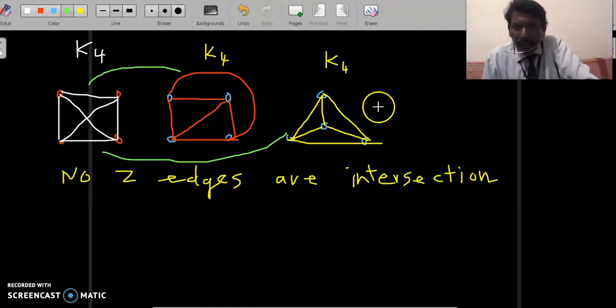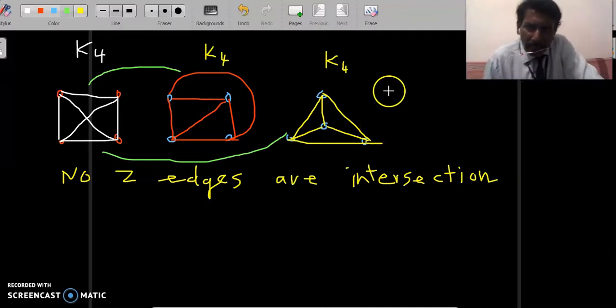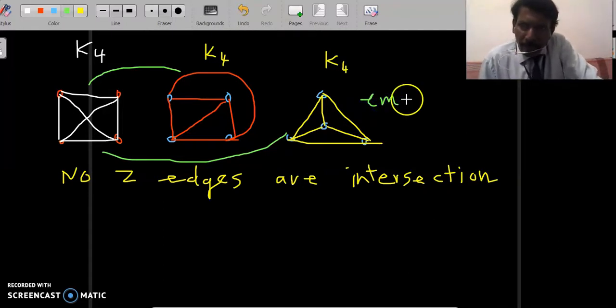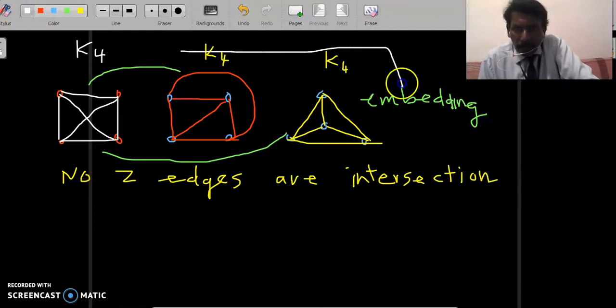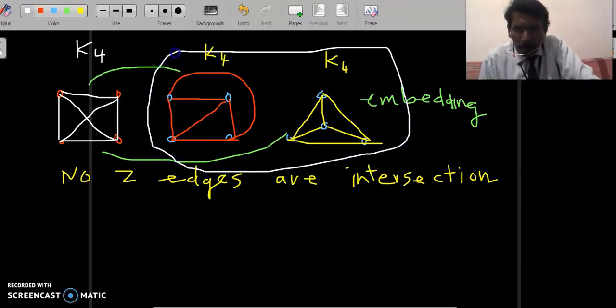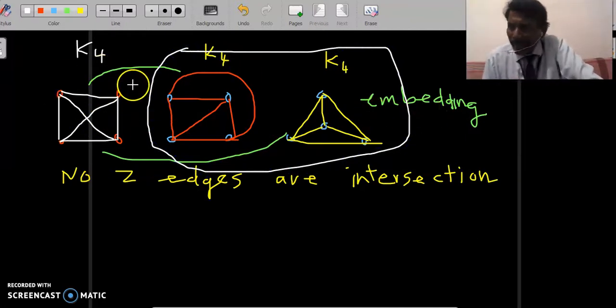These two are called embeddings of this particular planar graph.